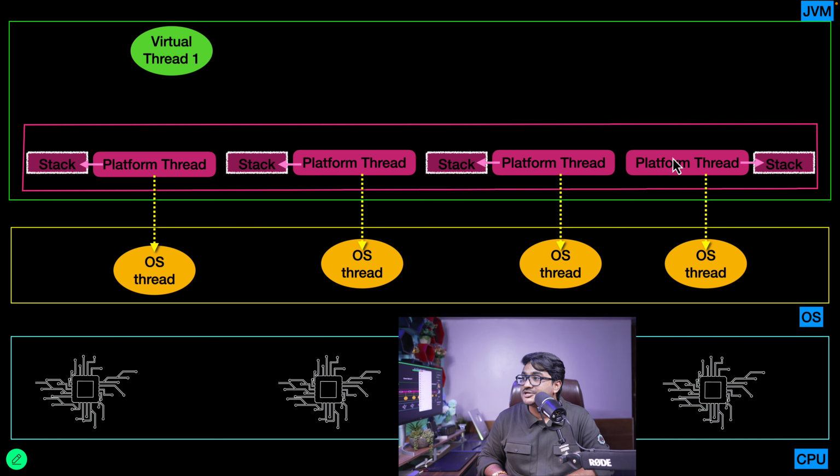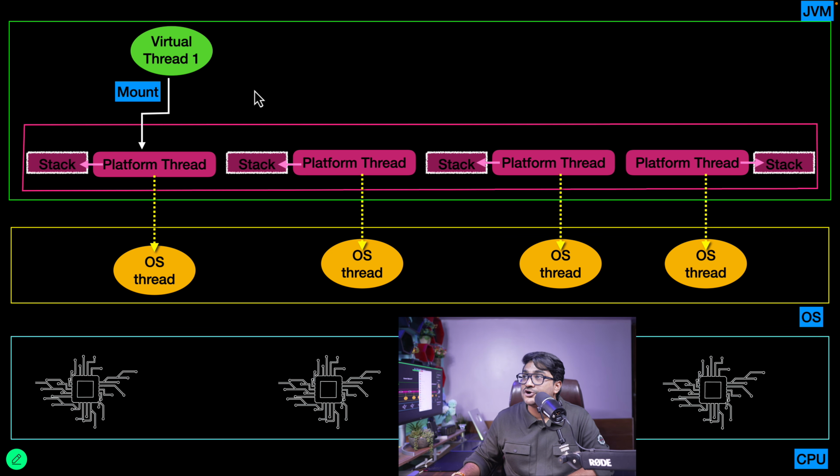The platform threads will be mapped to the OS threads. These platform threads, as I said, are created behind the scenes, and the 4 platform threads are mapped to the 4 OS threads. Simple thing, there is a 1:1 relationship. Whenever you want to run a virtual thread, it will be mounted to a platform thread.